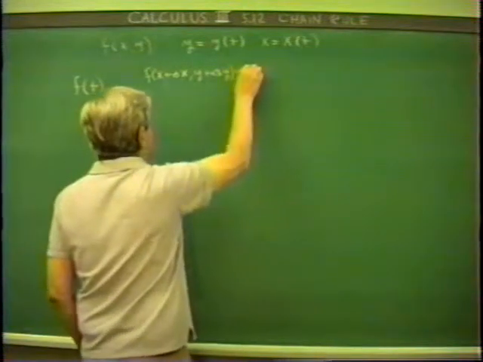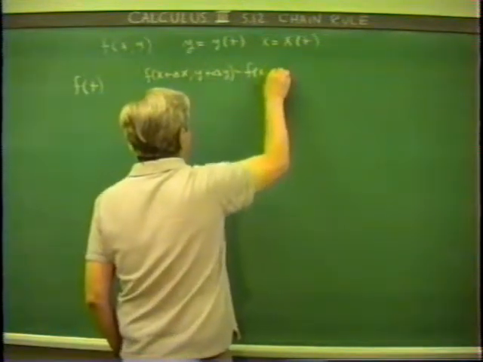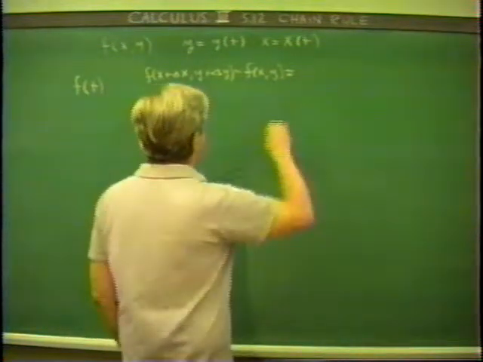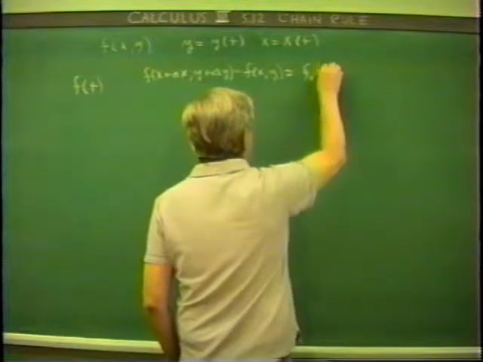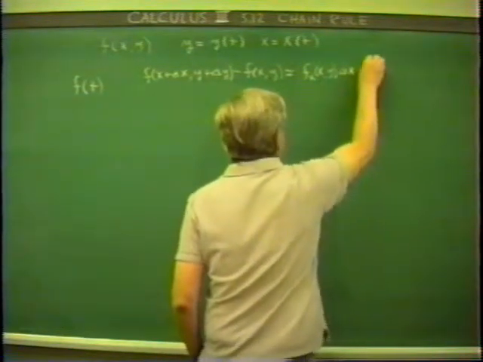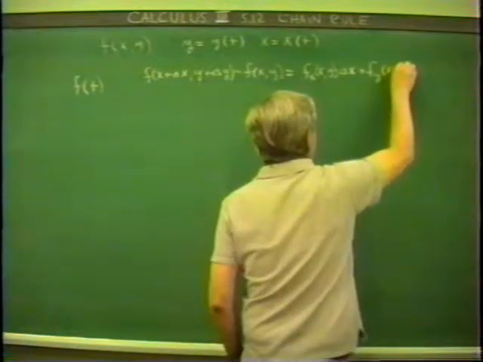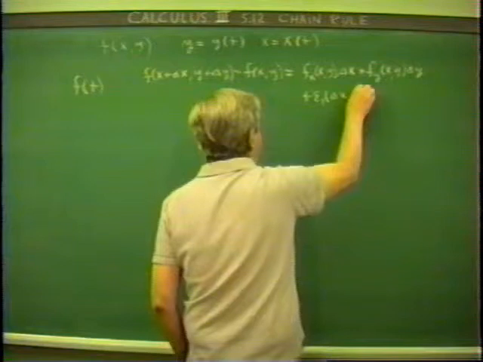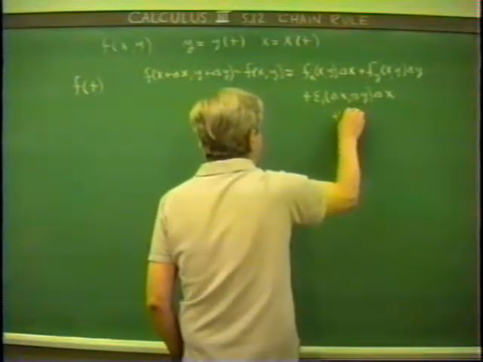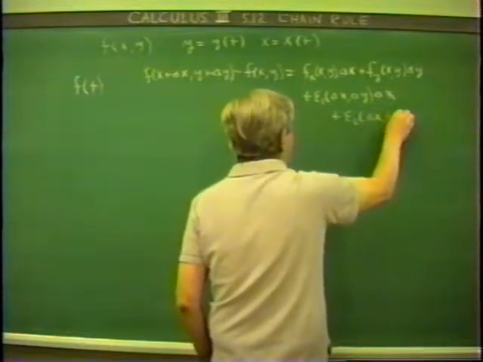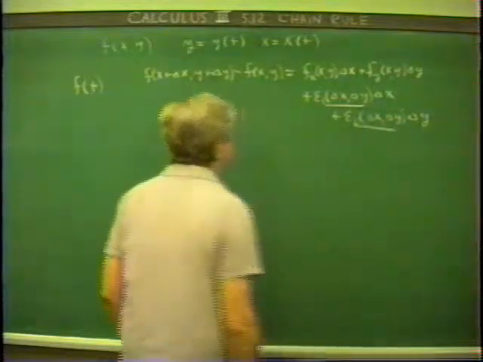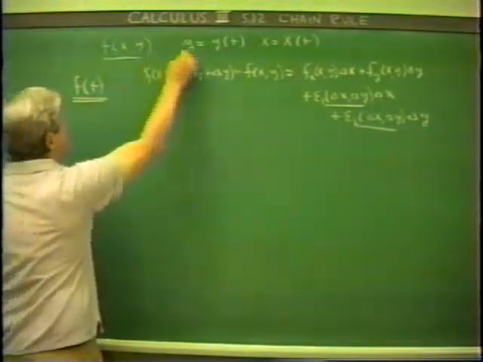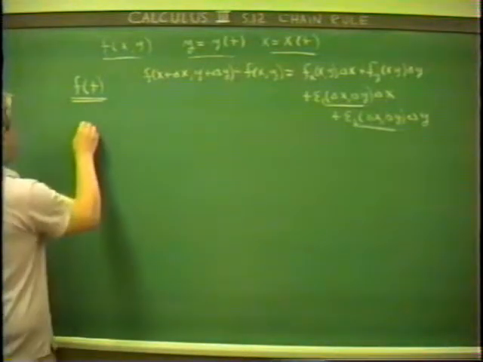Recall that f of x plus delta x, y plus delta y, minus f of x and y is equal to partial of f with respect to x at x and y, delta x, plus partial of f with respect to y at x and y, delta y, plus epsilon 1 of delta x and delta y, delta x, plus epsilon 2 of delta x and delta y, delta y, where these two go to 0 as delta x and delta y approach 0.